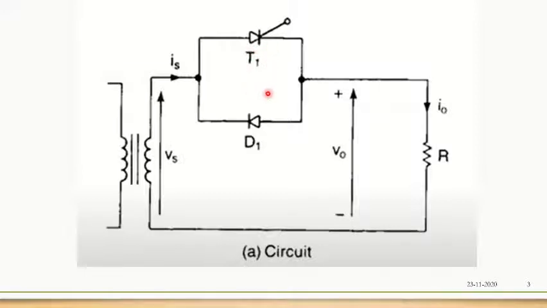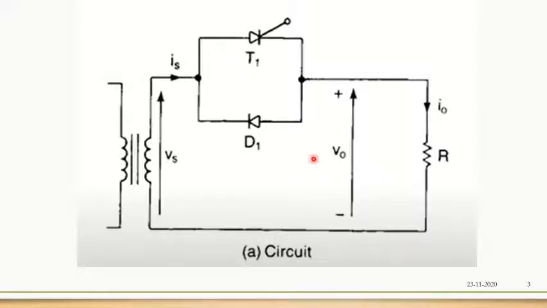So the magnitude of the current in the positive half cycle was less compared to the negative half cycle. In the negative half cycle, the whole source current was visible across the load. That means it was a unidirectional control, which is not preferred or used in practice.